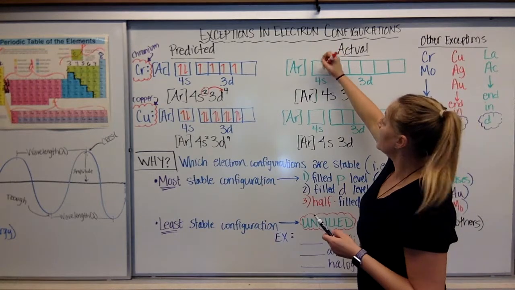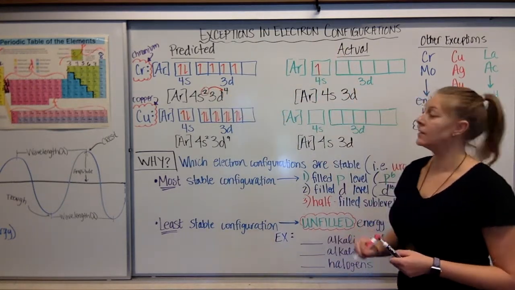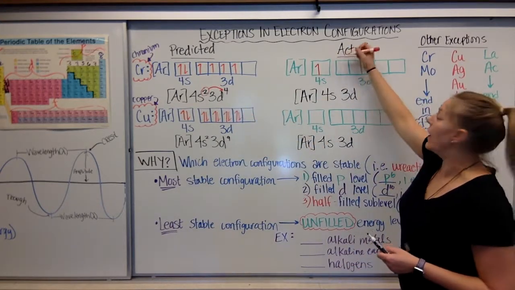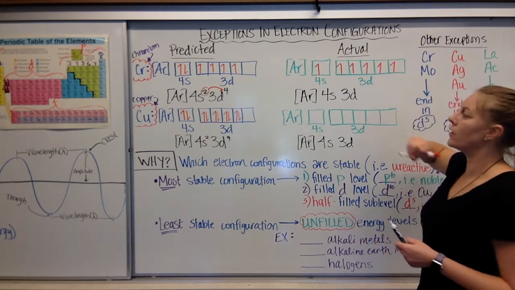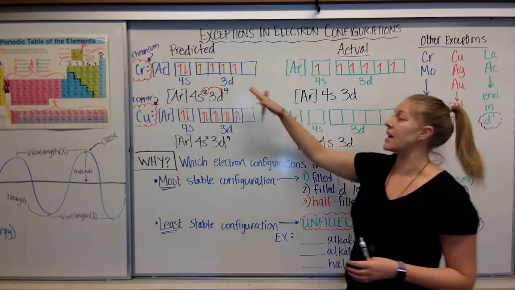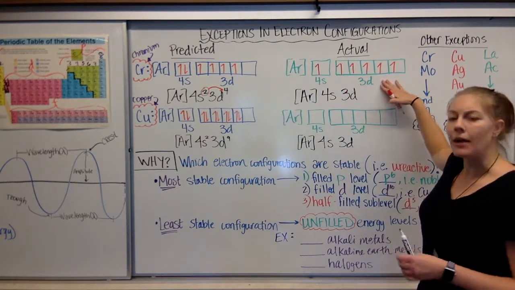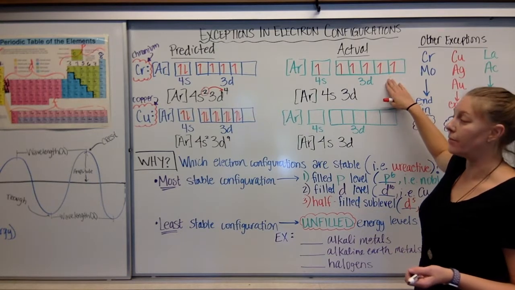So instead of 4s2, we have 4s1, and instead of 3d4, we actually have 3d5. 1, 2, 3, 4, 5. Now you might notice what this has done is it's taken a not filled 3d, and now there's a half filled 3d.